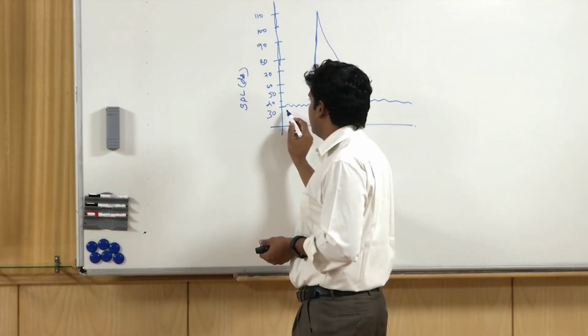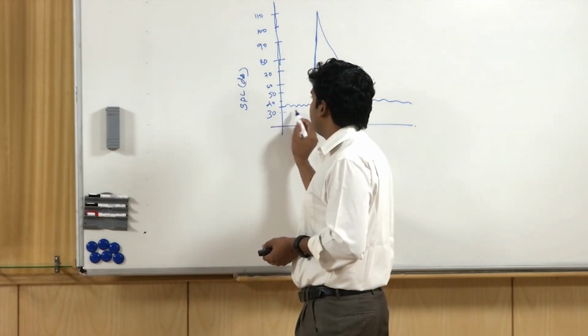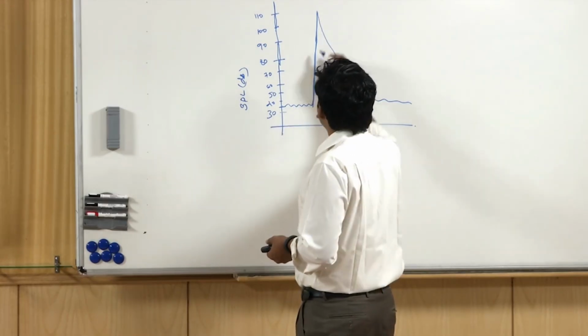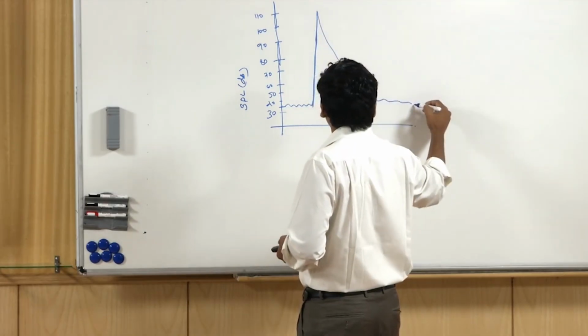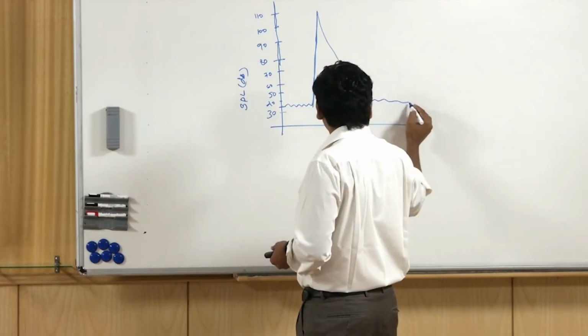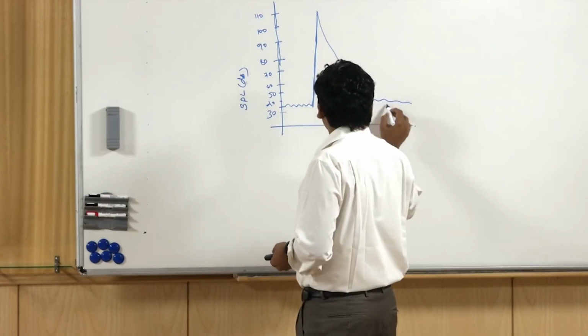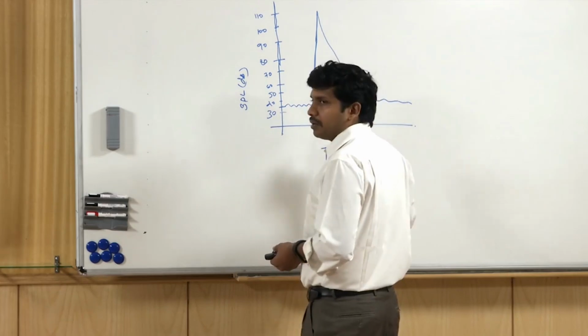Imagine if the background noise level is around 30 or 35 decibels, then you are elevating the sound pressure level and it takes a while to reach the background noise level again. Now here it is again continuing with the background noise level.